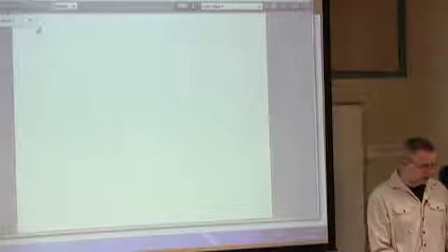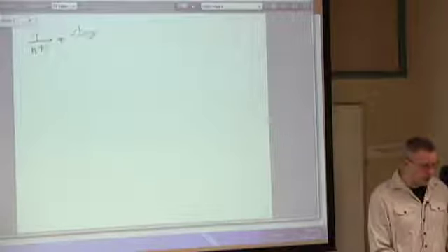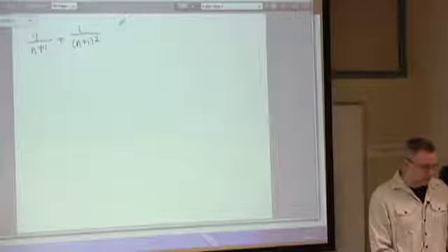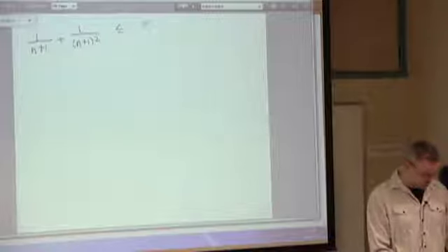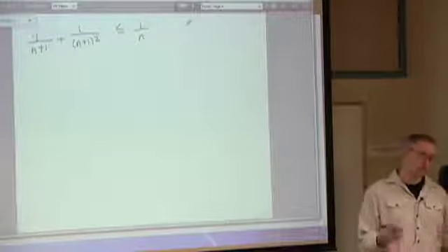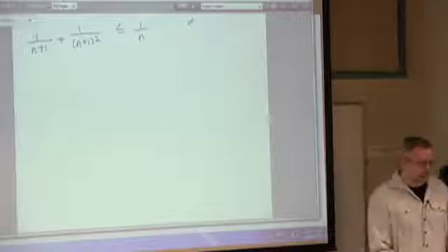Okay, so what we had was 1 over n plus 1 plus 1 over n plus 1 squared, less than or equal to 1 over n. Again, this is what we're ultimately going to try to prove.